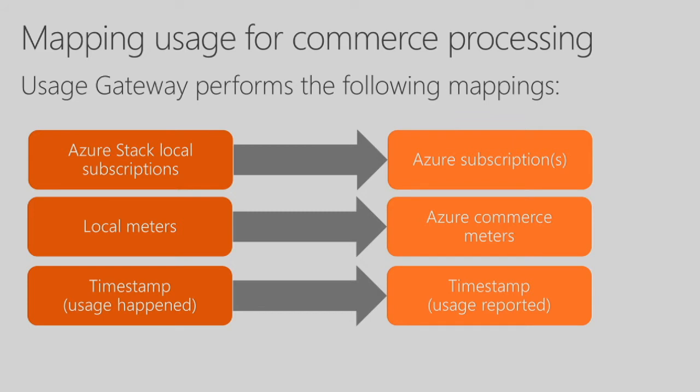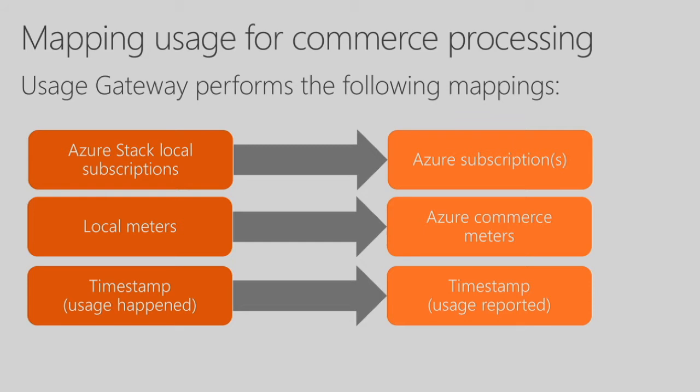What happens in the case of a network outage is that usage is batched up on Azure Stack. It's not lost. It is stored locally until a time when the connection becomes possible. And at that point, all the usage that has not been uploaded yet is uploaded. Now, what happens is that we have, in that case, usage dates that can be quite old, and the Commerce system would reject them.